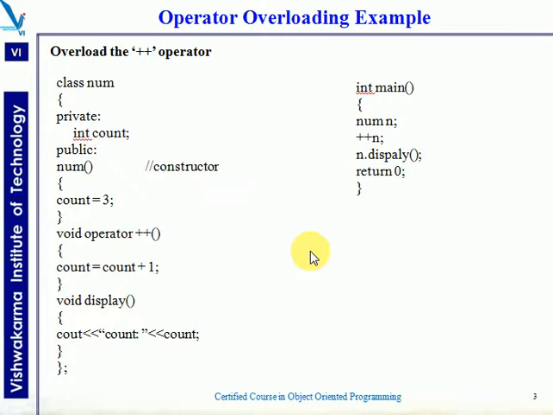If the operand is a basic type like an int, as in plus plus i, then the compiler will use its built-in routine to increment an int. So this is how we can overload the plus plus operator.